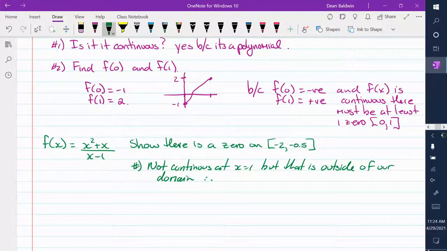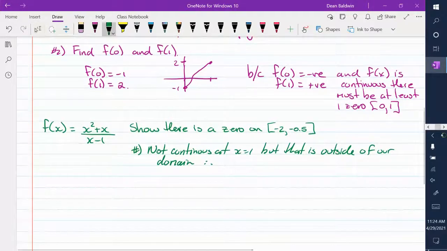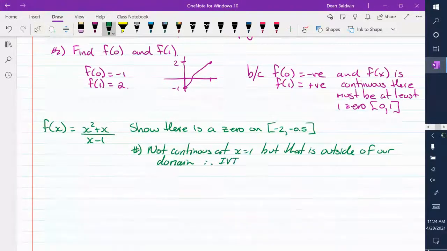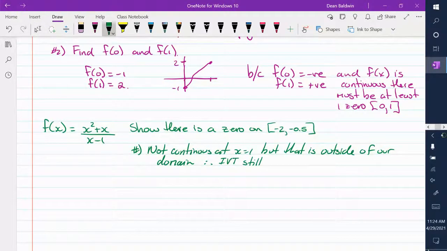Therefore, I'm going to call it IVT, intermediate value theorem, IVT still applies. Okay, so then you just do the same thing we did. Not f of 0. f of -2. f of -0.5.